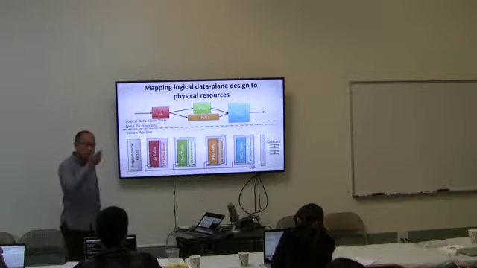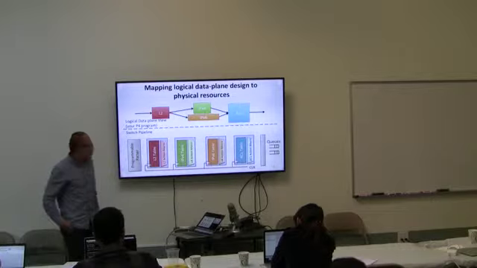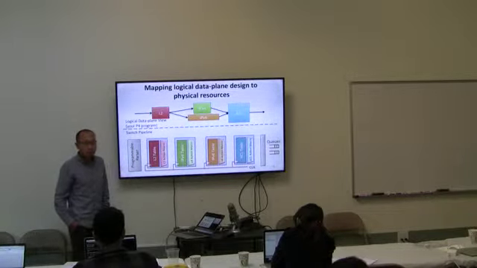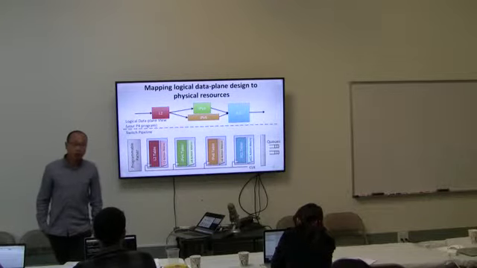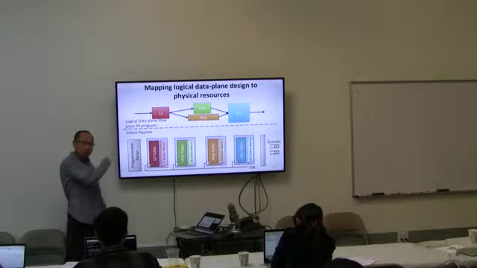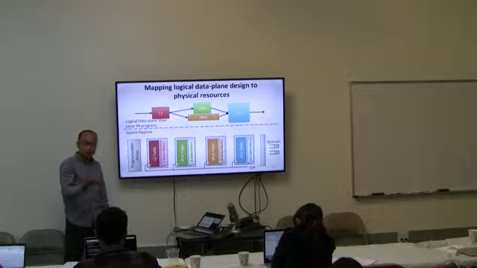Okay. Yes? So the assumption for the PISA architecture is one in which you can move forward through the pipeline, but you can never go back or loop around inside it. So it depends on the architecture. The spec actually says that a recirculation path may be available, but recirculation can come at a cost, right?